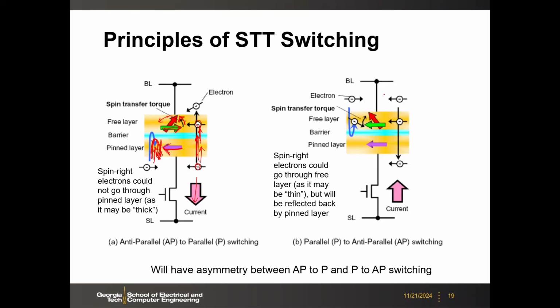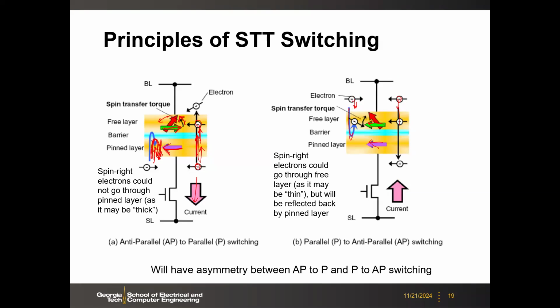So then if we want to switch back, initially, let's say they are parallel. Now you have to apply the current the other way, or in other words, electrons will inject from the top. Here, the free layer is very thin, so it will allow all the electrons to go through.